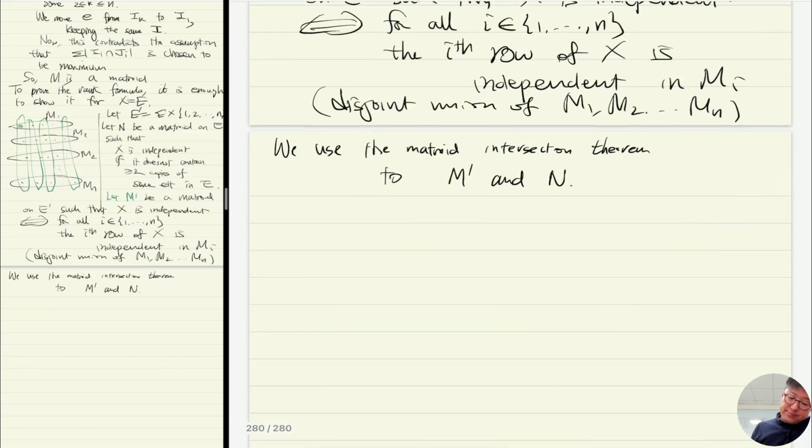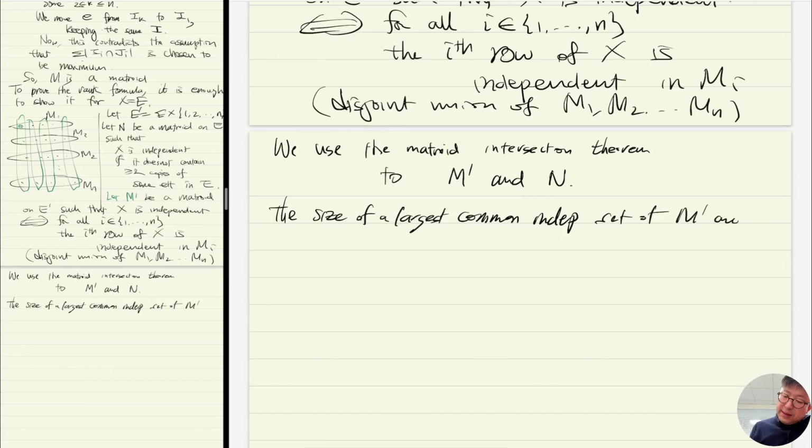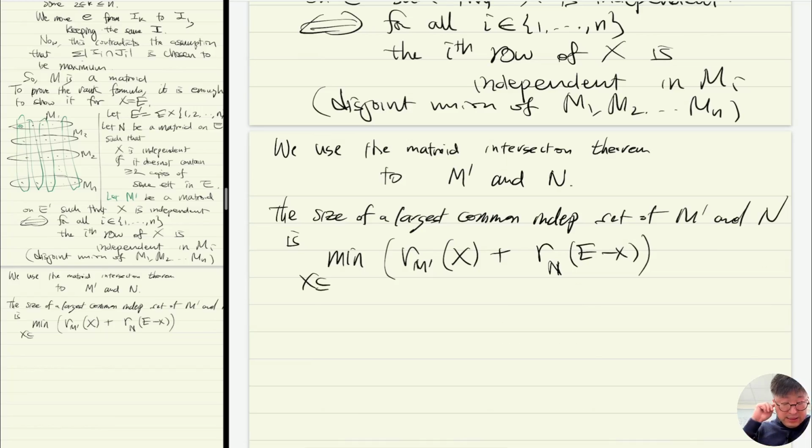Now, the size of a largest common independent set of M prime and N is equal to the minimum of the rank of M prime of X plus the rank of N of E prime minus X, where X is a subset of E prime.